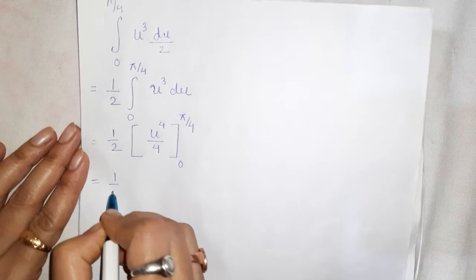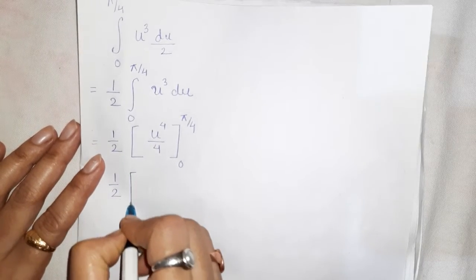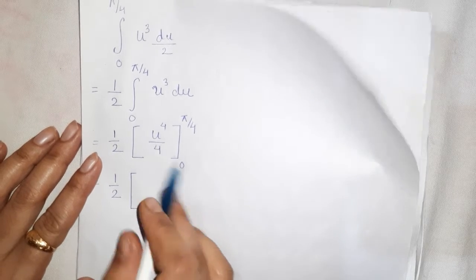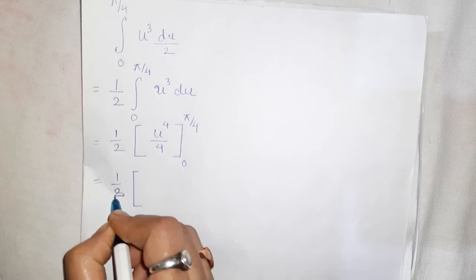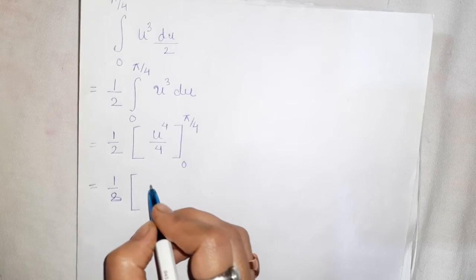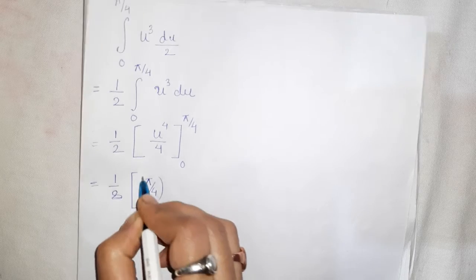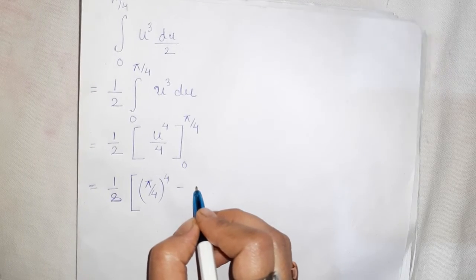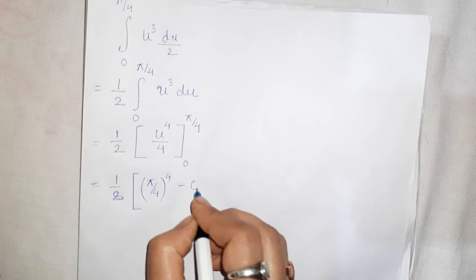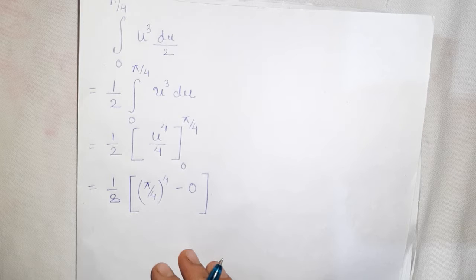Now we use the second fundamental theorem. Again you can take 4 outside, then it becomes 8. This pi by 4 minus, it is 0. Okay, you will get 0.